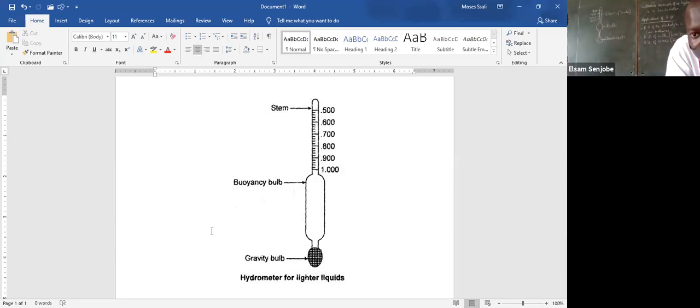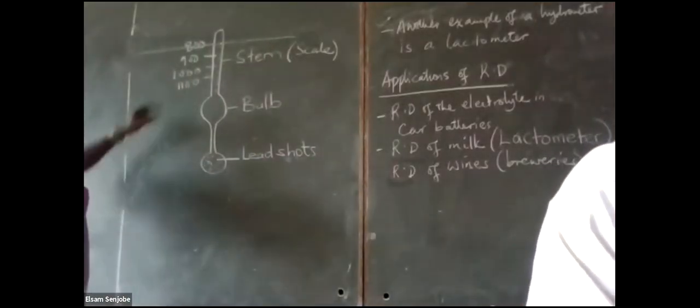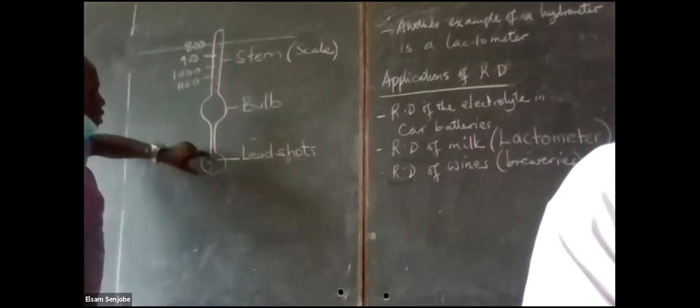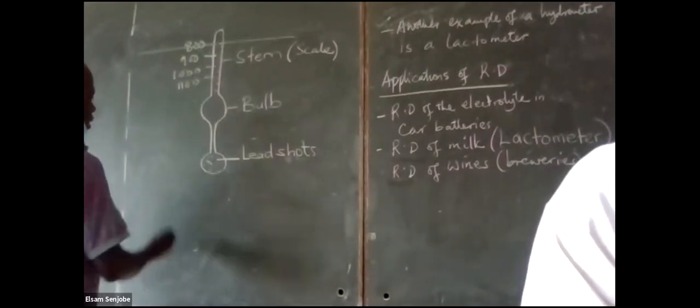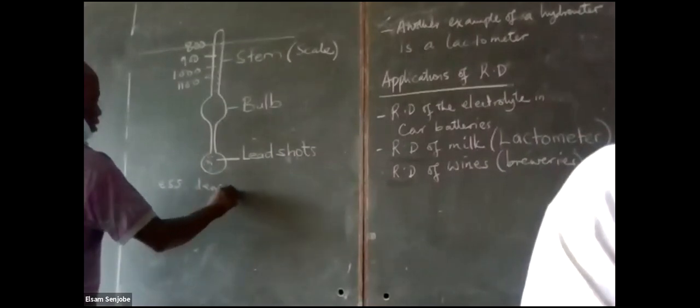Because any object, when it is placed in less dense water, listen very carefully, will sink more. So whenever you see the biggest part of the hydrometer is below the water surface, that implies that the liquid you have is less dense.